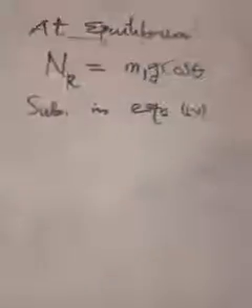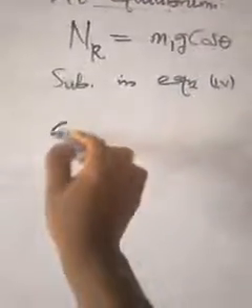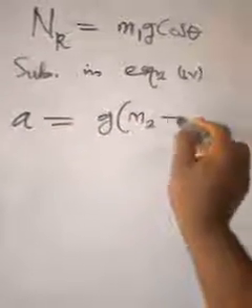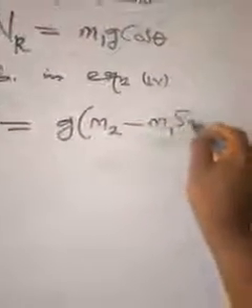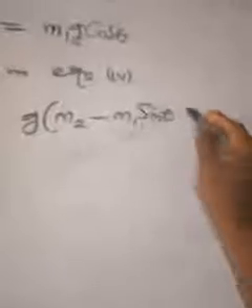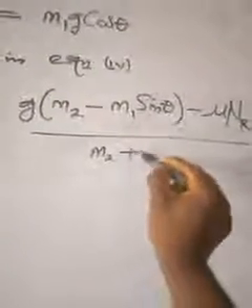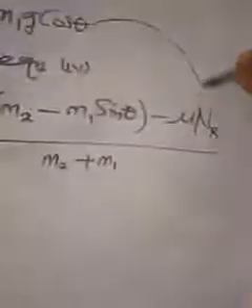Substituting normal reaction in equation 4. Equation 4 is acceleration equals acceleration due to gravity m2 minus m1 sine theta minus coefficient of static friction times normal reaction over m2 plus m1. So we are going to substitute the normal reaction into this.